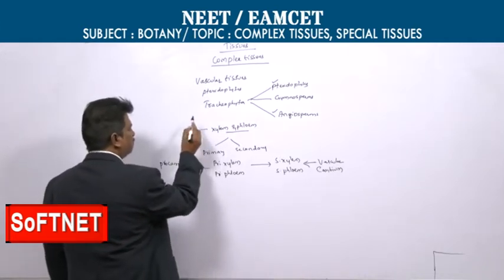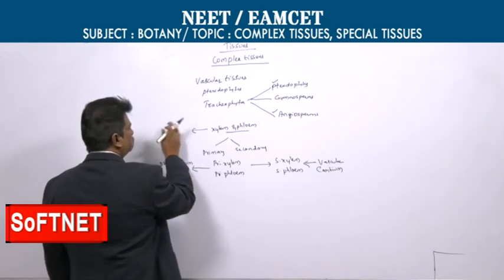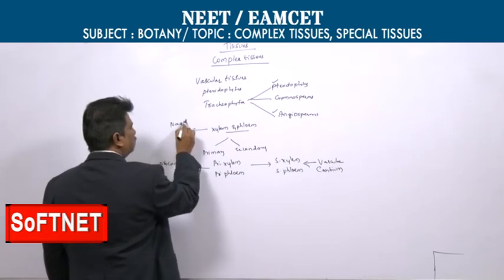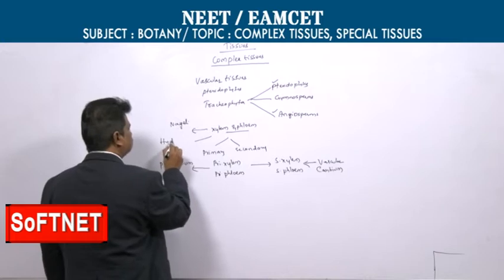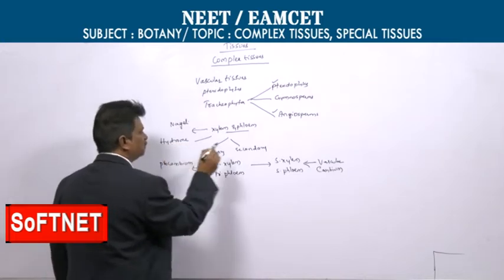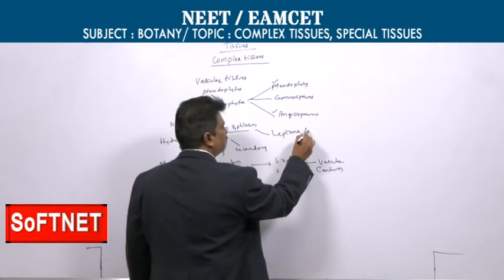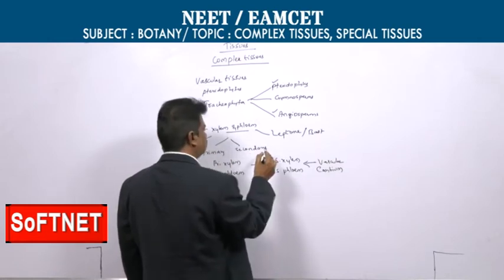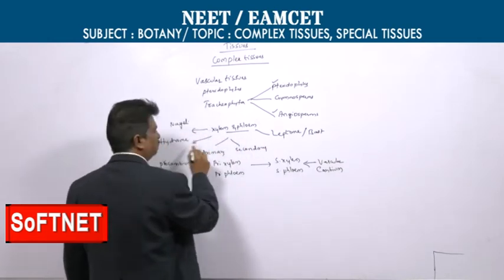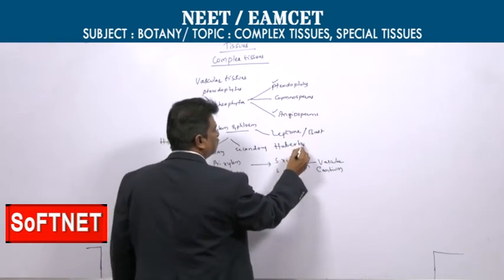The terms xylem and phloem were given by Nageli. Xylem is also called hydrome. Phloem is also called leptome or bast. The terms hydrome and leptome were given by Haberland.